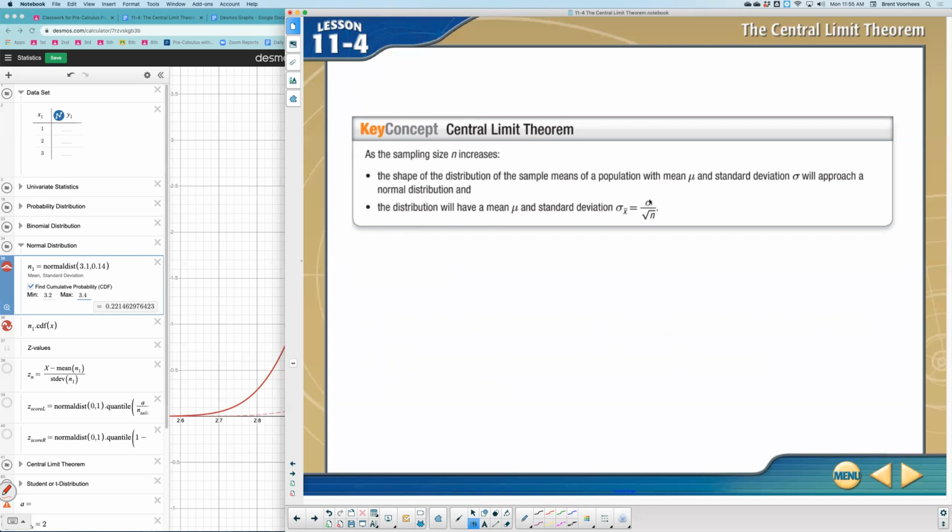Now, I want you to notice what's going to happen. When you change from whatever distribution it was into the central limit theorem, the standard deviation, symbolized here as sigma x bar, is going to be whatever the original standard deviation was divided by the square root of the sample size. That's our formula there.